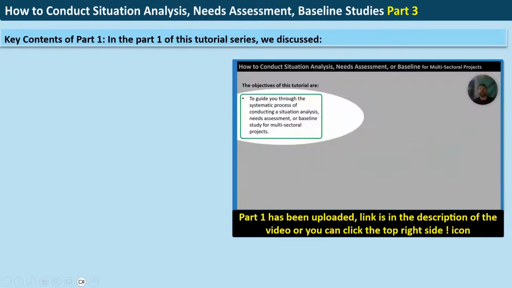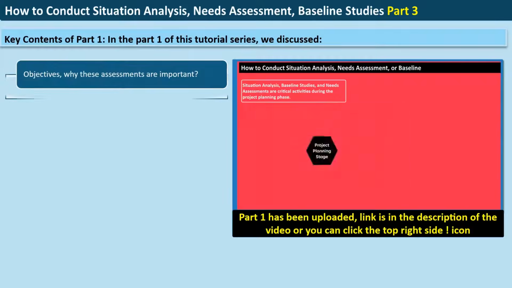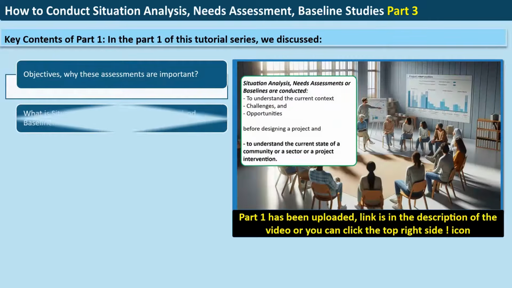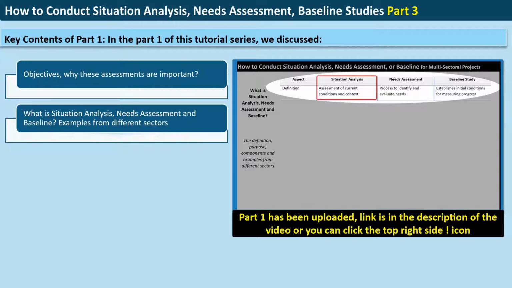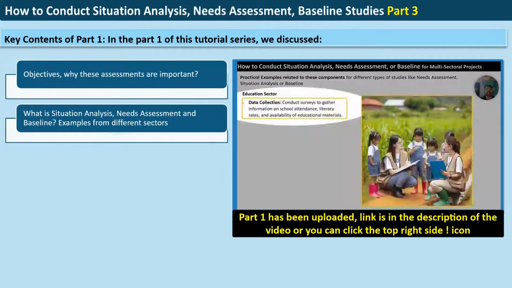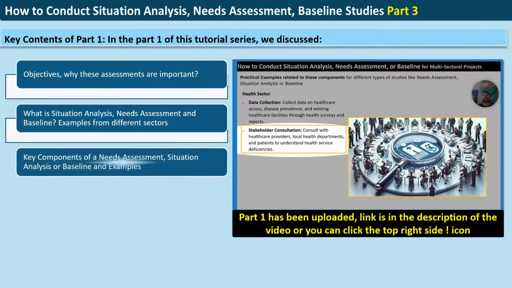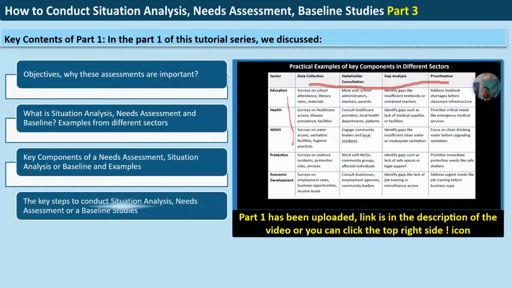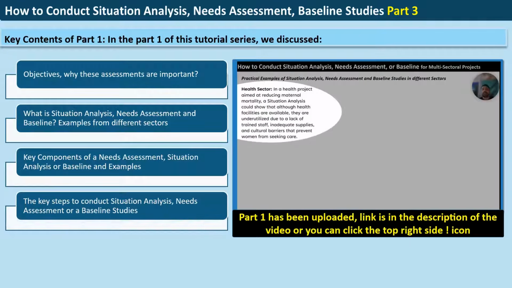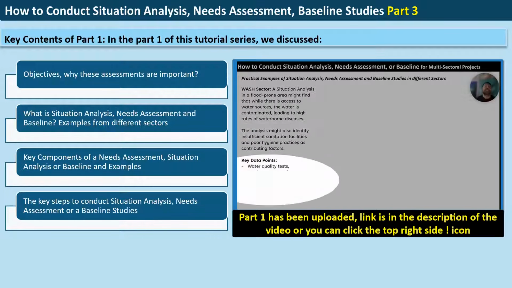In part 1, we discussed objectives, why these assessments are important, what is situation analysis, needs assessment and baseline, and examples from different sectors, key components of a needs assessment, situation analysis or baseline, and the key steps to conduct situation analysis, needs assessment or a baseline study.